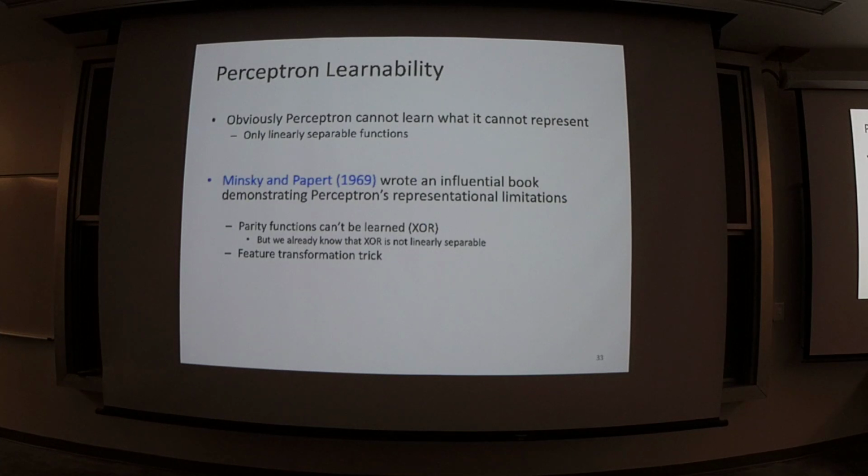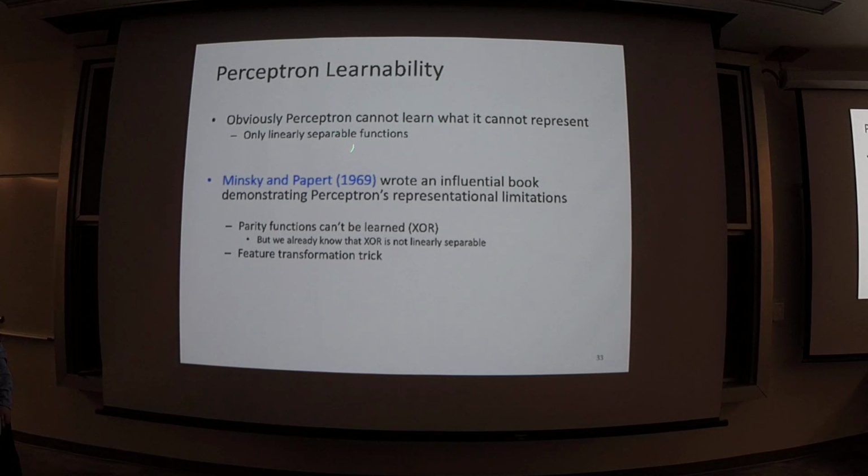So now you have learned why the perceptron update rule should be like that, and the rationale behind it. Here we want to briefly discuss the learnability of the perceptron. Obviously, the perceptron is learning a linear classifier model, so it cannot learn what it cannot represent.